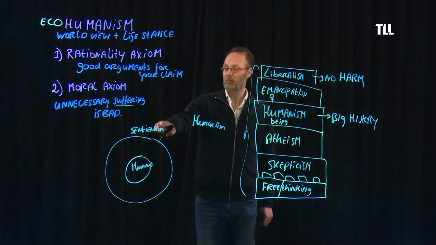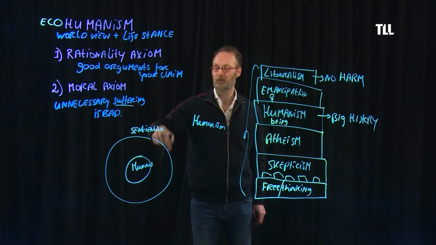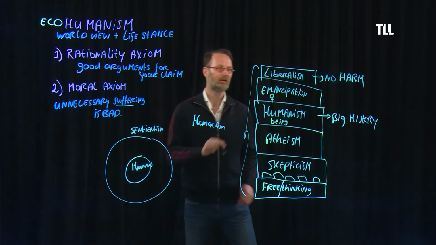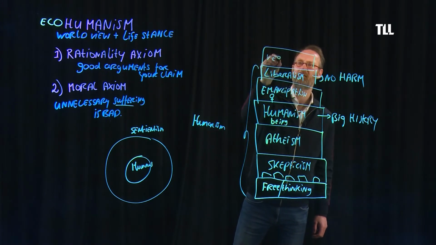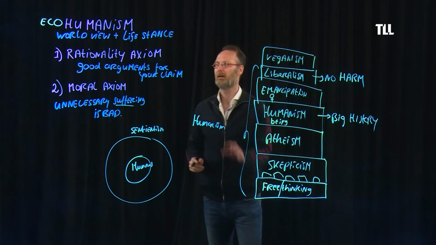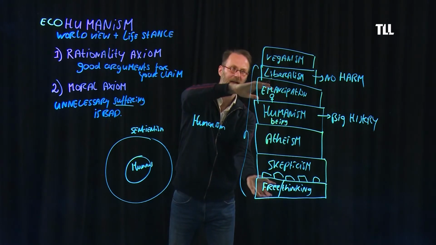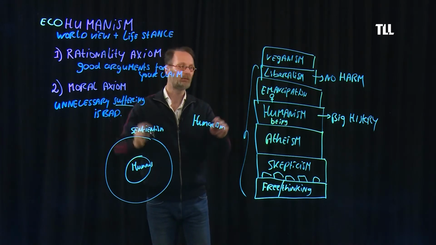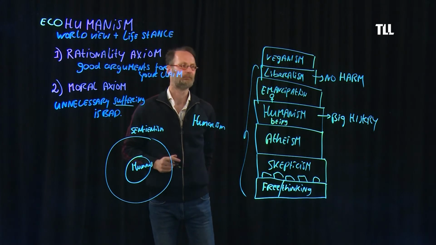If we then apply this, unnecessary suffering is bad, to all sentient beings, then, and this really might be a shock, veganism automatically comes in, and that's maybe strange. That is something that in classical humanism is totally out of focus, but in eco-humanism it is a logical part of it.